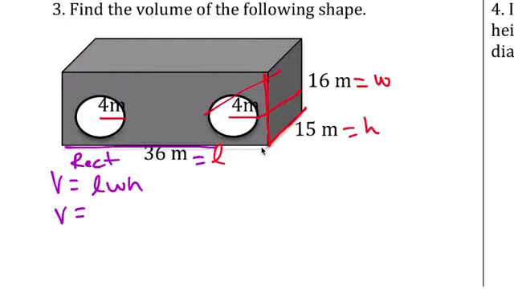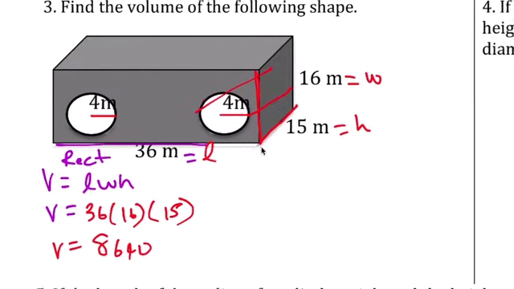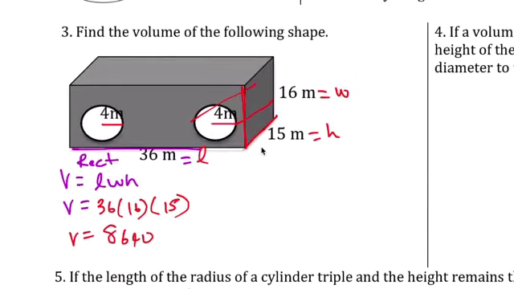So that's the height. So you got 36 times the width, which is 16, times the height, which is 15. Multiply them all together, you get 8,640.